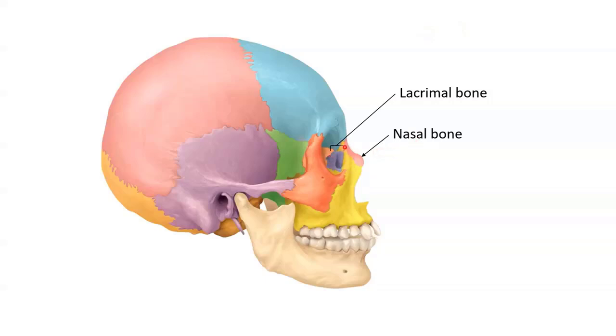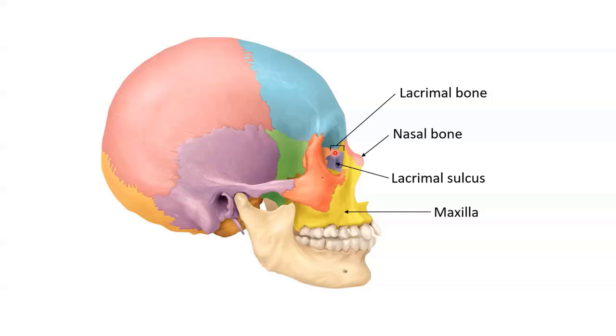These form the medial wall of the eye socket. Within the lacrimal bones is the lacrimal sulcus. So this is this little tiny indent that sits within the lacrimal bone. This houses the lacrimal sac, which collects tears as they leave your eye, and then it passes them back into your nasal cavity.